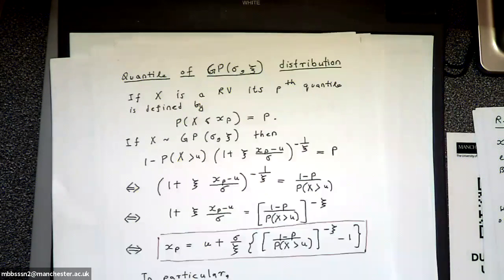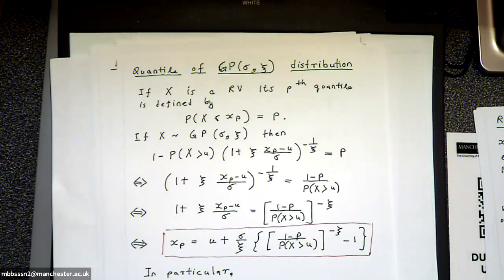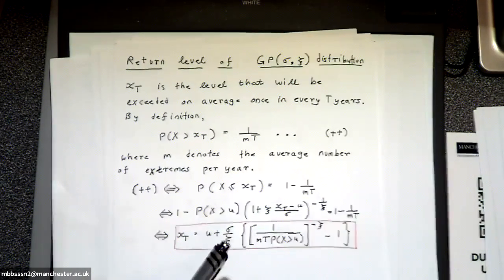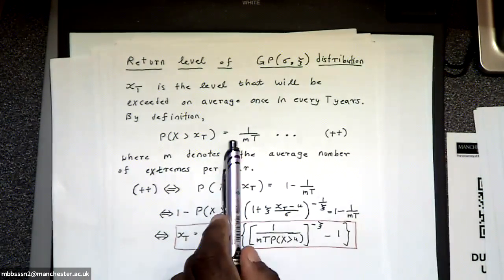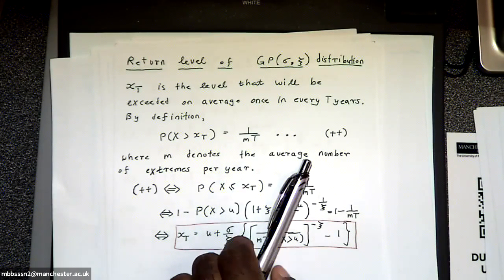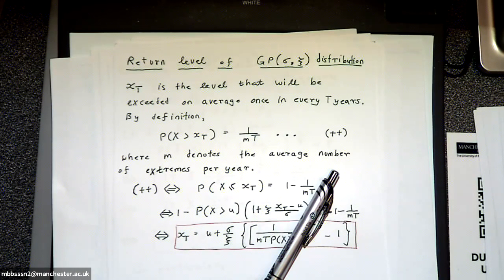And the next thing is return level. Now, in this case, to get the return level, you need to solve this formula because if you take, say, capital T years, the extreme values are not like one every year, because the definition is different. In definition 1, there's only one extreme value every year.